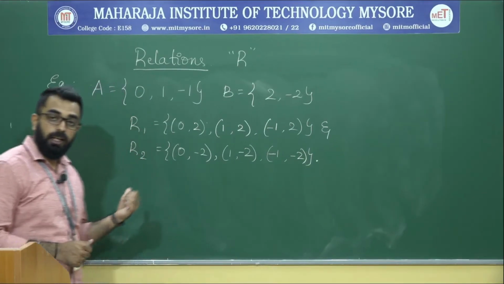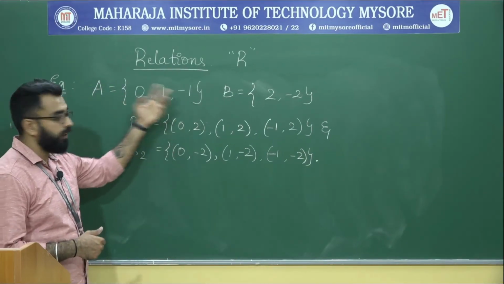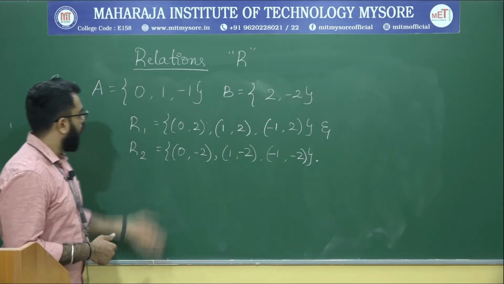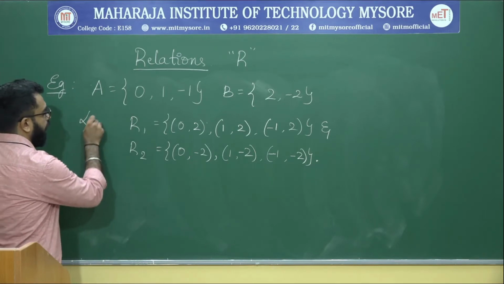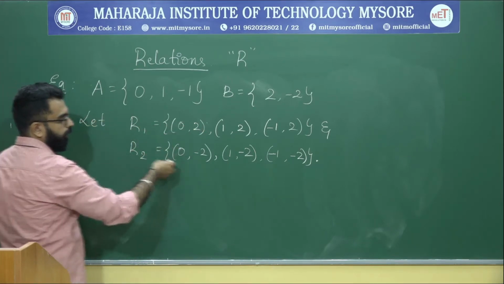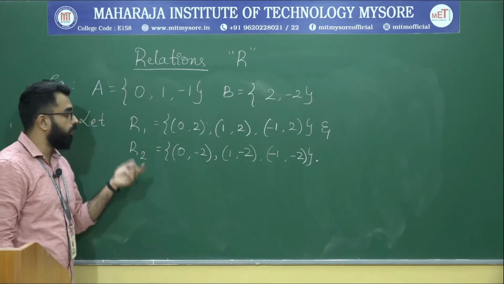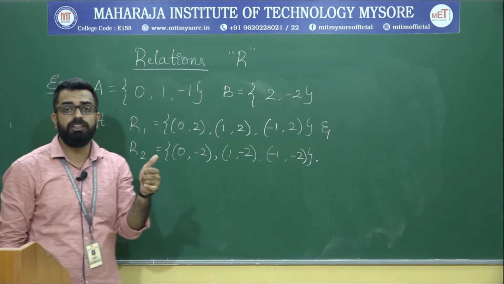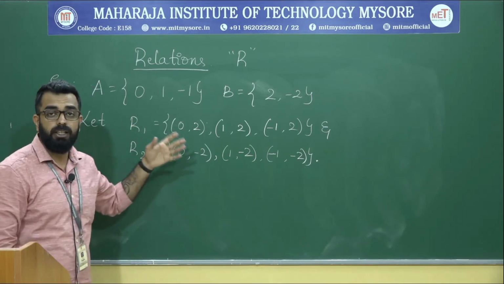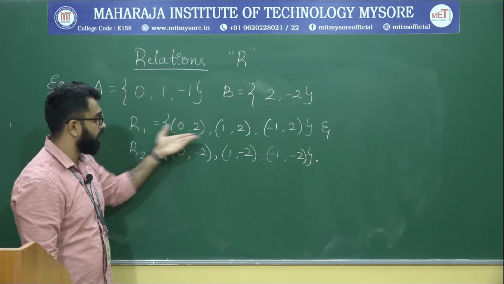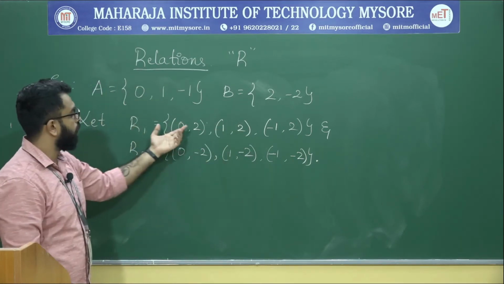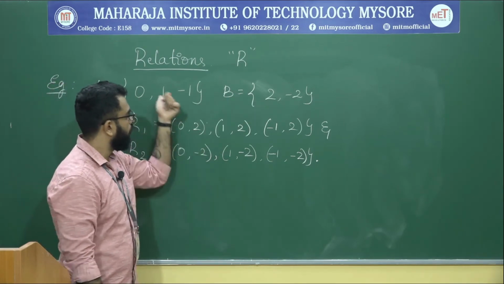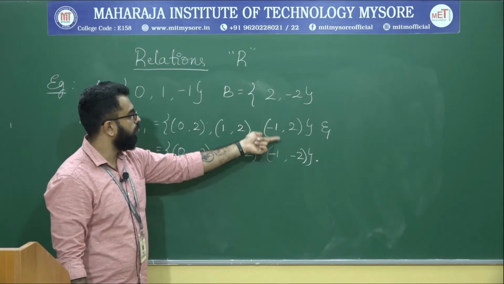Now consider another example where again I have two sets, A and B, with certain elements like 0, 1, -1, 2, -2, and two relations defined here, R1 and R2. The first and foremost condition is that the relation is a subset of A cross B. You can cross verify it orally. 0, 2 is an ordered pair that is there, 1, 2 would be there, minus 1, 2 also would be there.